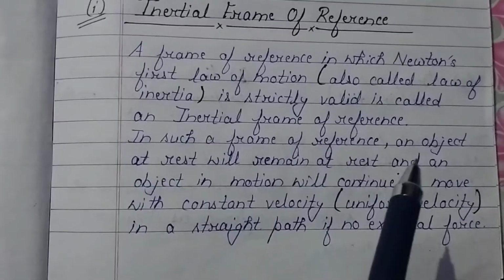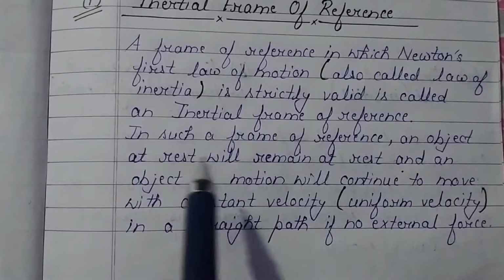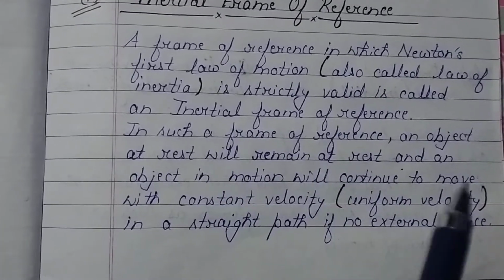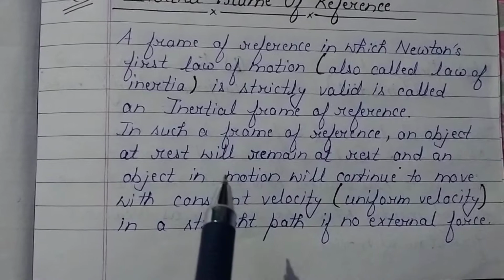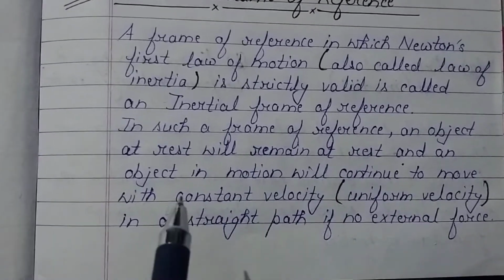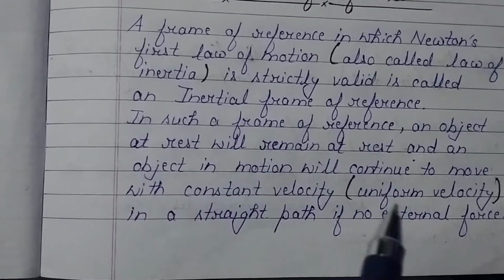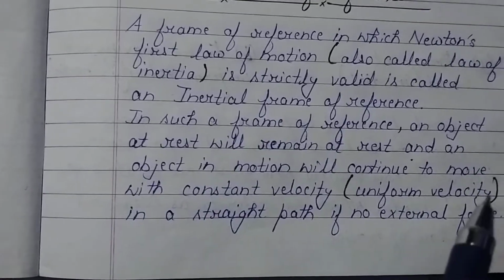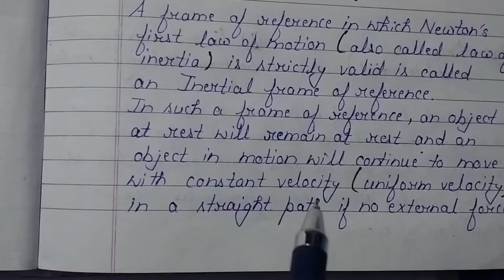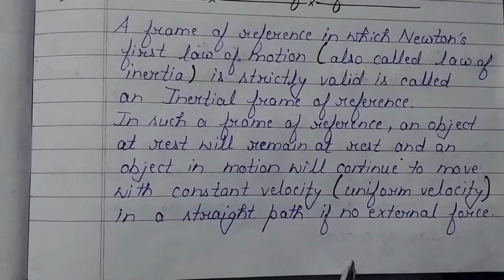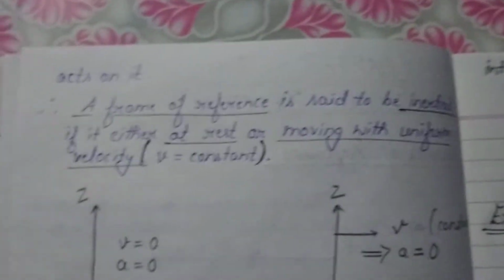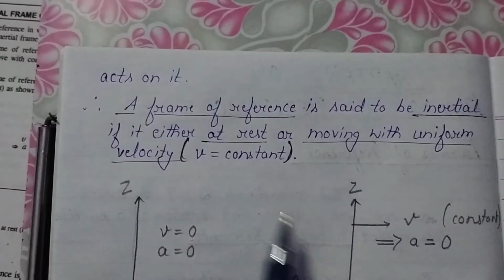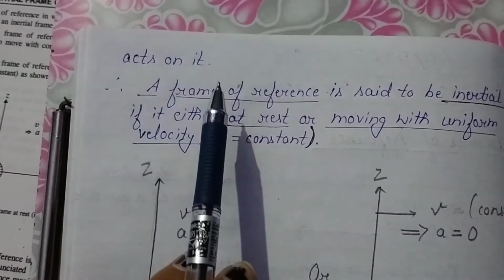In such a frame of reference, an object at rest will remain at rest and an object in motion will continue to move with constant velocity, meaning uniform velocity in a straight path, if no external force acts on it.